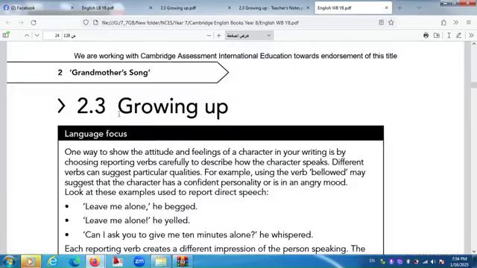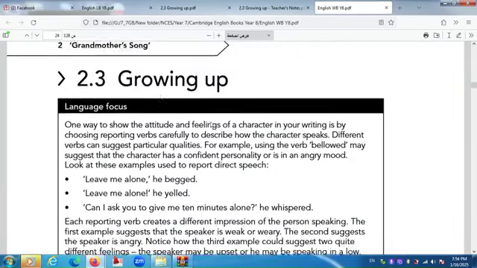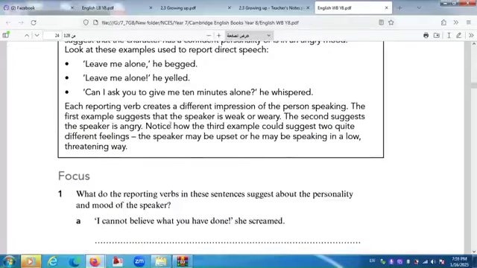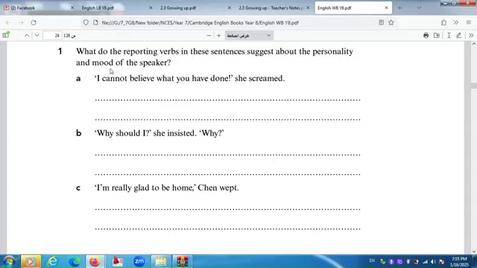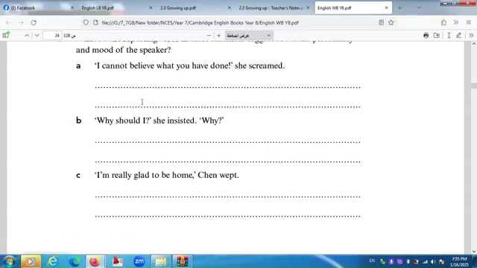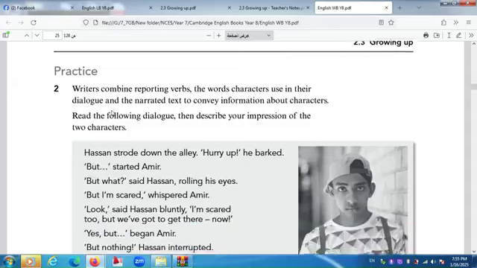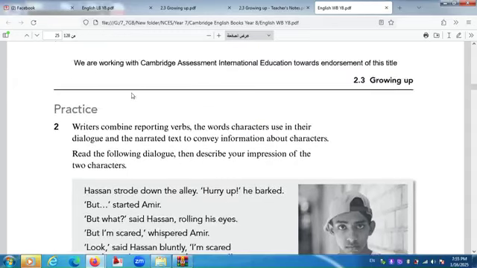Remember that your homework is 2.3 in the workbook, Growing Up. You have three exercises. The first one, focus, okay? It will show the personality and the mood; explain them, suggest them. And then you have a practice, okay? Apply.